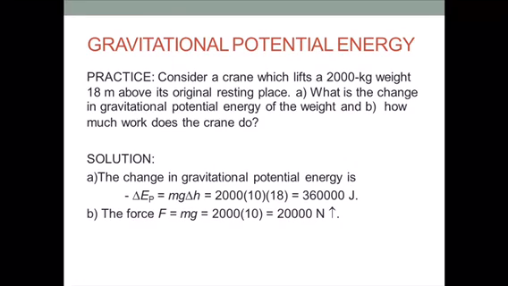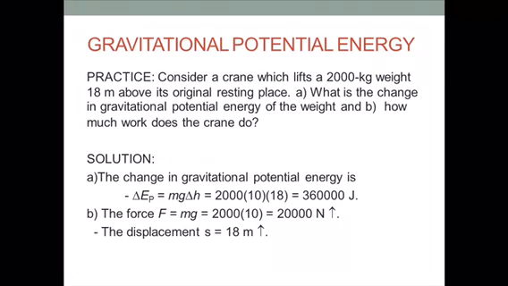Now we need to find how much work the crane does. In order to do that, we need to find the force done by gravity, or the weight, which would equal mg, which gives us 20,000 newtons upwards.